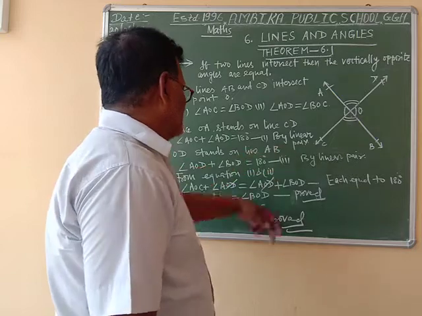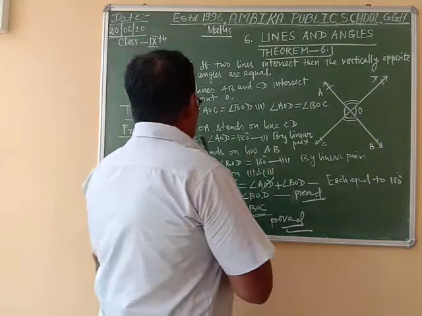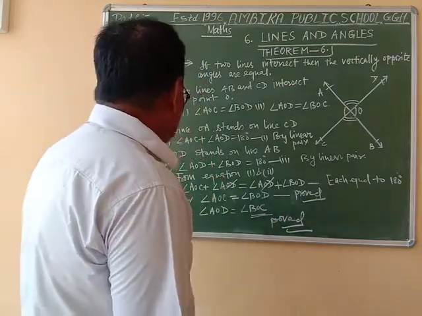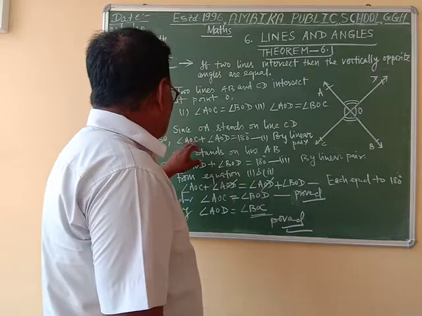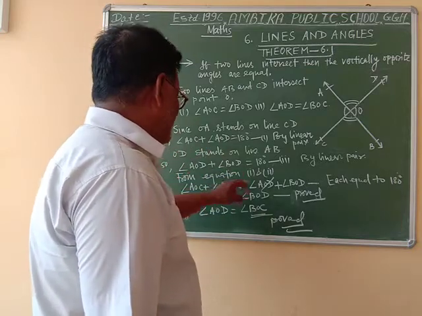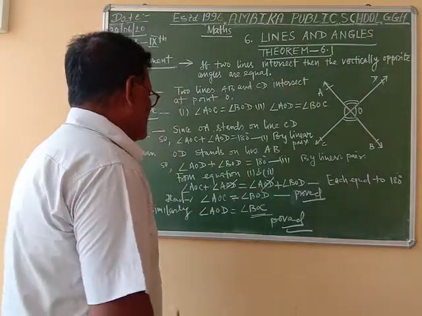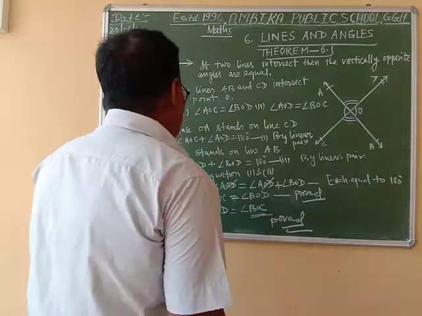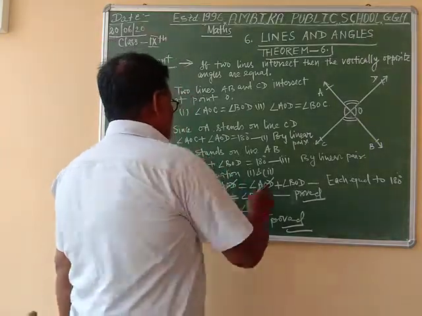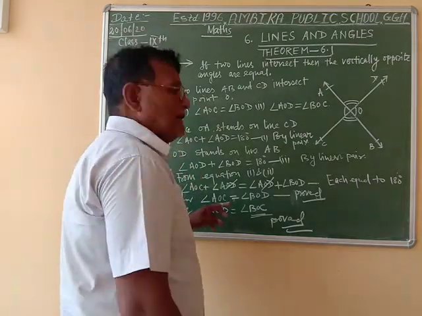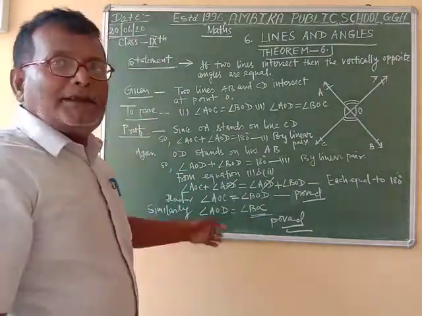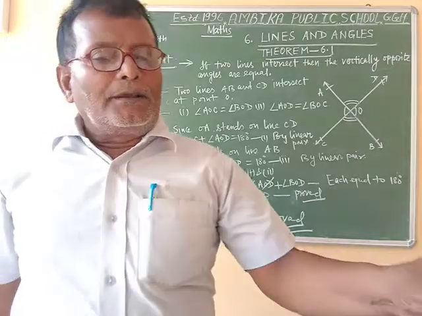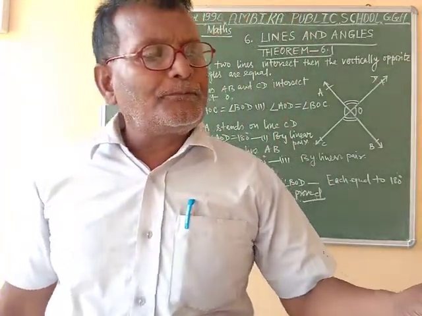From 1 and 2, each sum is equal to 180 degrees. So angle AOC plus angle AOD is equal to angle AOD plus angle BOD. Here AOD is common in both equations, so we cancel AOD. Then we have angle AOC is equal to angle BOD. Similarly, we can prove that angle AOD is equal to angle BOC. Now this theorem is proved.